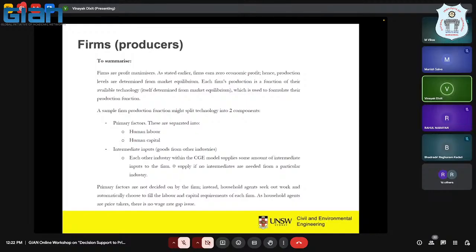Each firm's production is a function of their available technology, which is used to formulate their production function. So a sample firm production function might be split into two components, human labor and human capital, and intermediate inputs which are going in from other sectors. Right? Yes, sir.